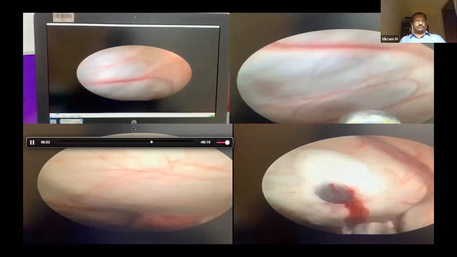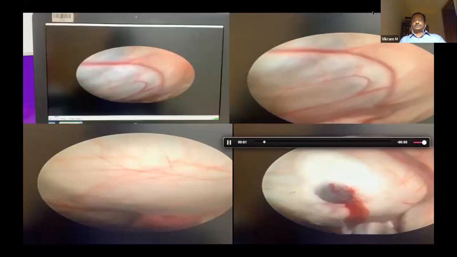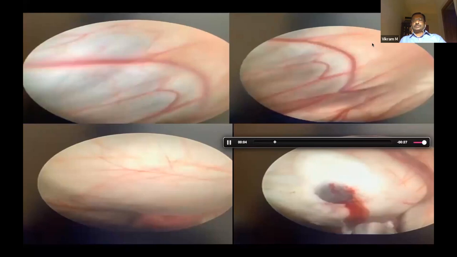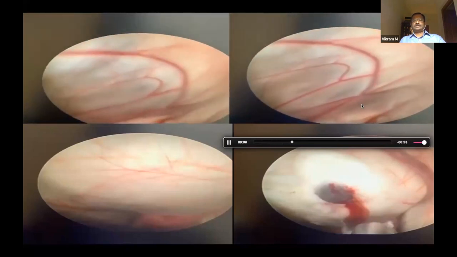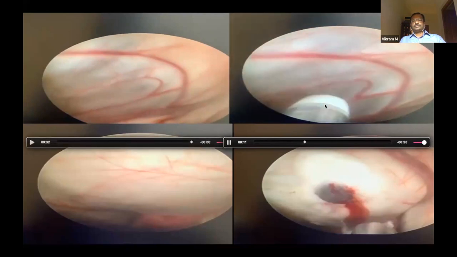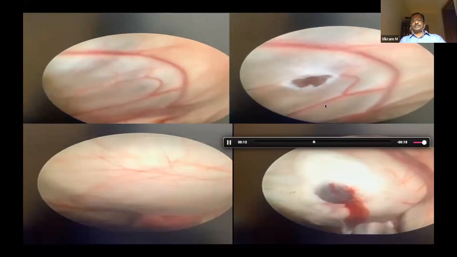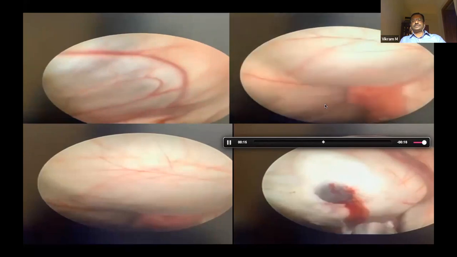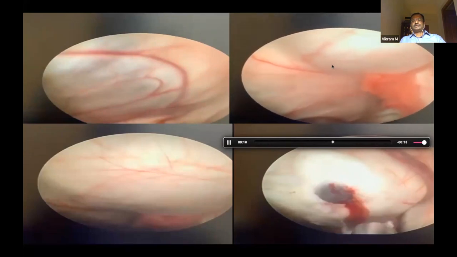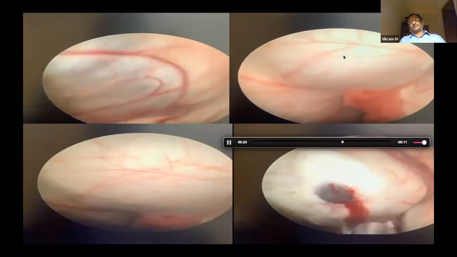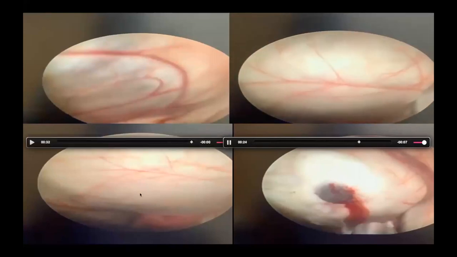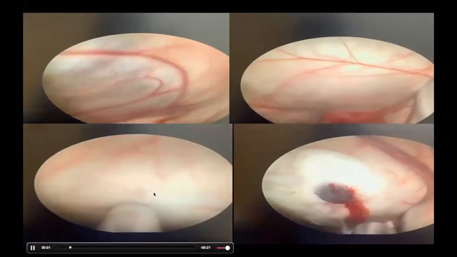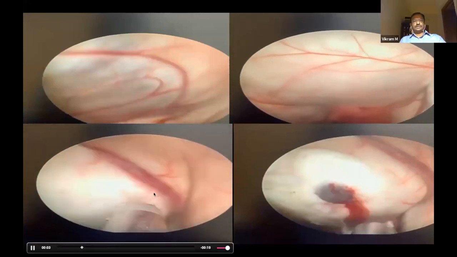So the access was first made to the opposite ventricle also, through a perforation in the septum for communicating the ventricles, and we can see the ballooned out septum, which is being coagulated with a bipolar cautery.